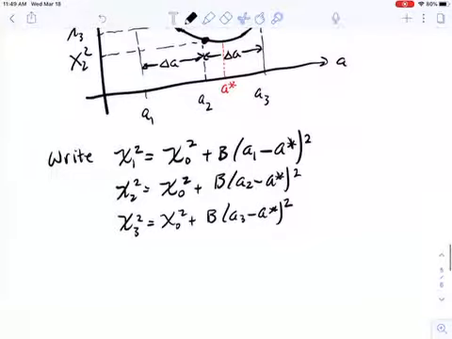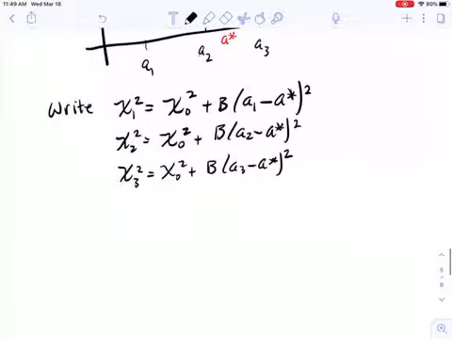So the way we drew things, A2 plus delta A is equal to A3, or equivalently, we could sub in A2 is whatever A3 was minus the step size delta A. And so I'm going to sub that into right there.